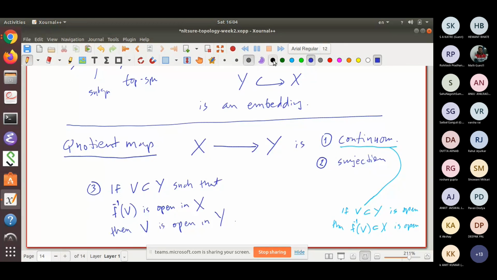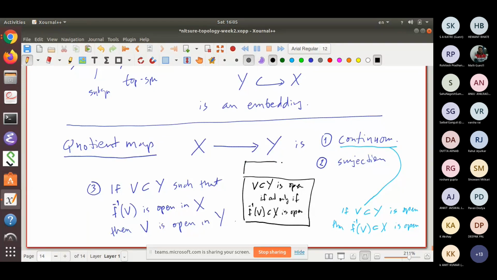That combined statement I'll make here. V is open in Y if and only if F inverse V contained in X is open. This is one property, and the other property is F is surjective.